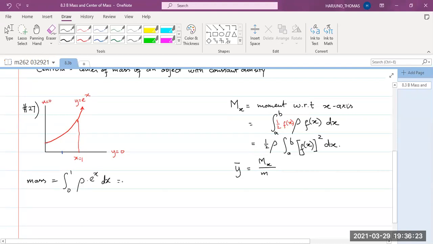Rho is constant here, so that's rho times e minus 1. That's the mass. How about the moment with respect to the y-axis? That's the integral from 0 to 1 of x times rho times e to the x dx.